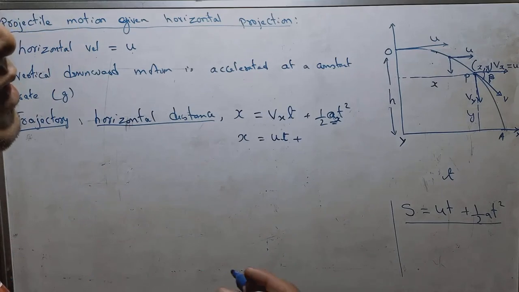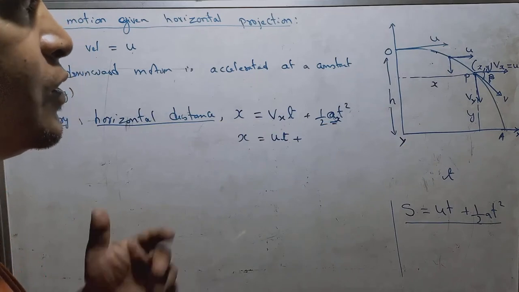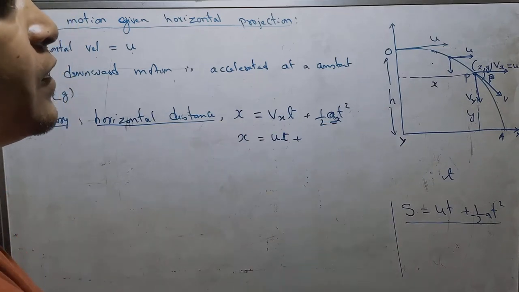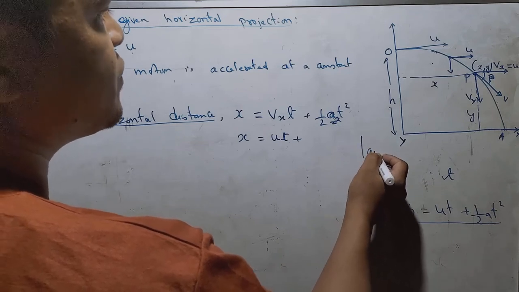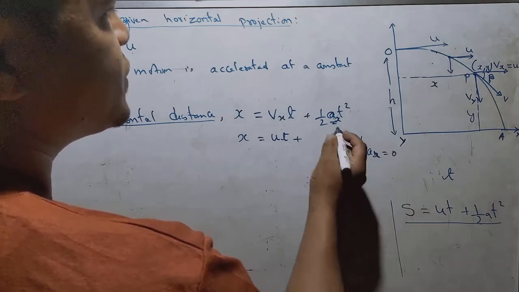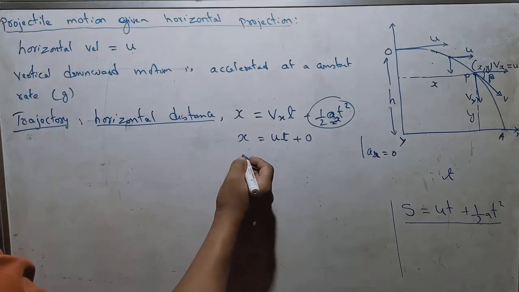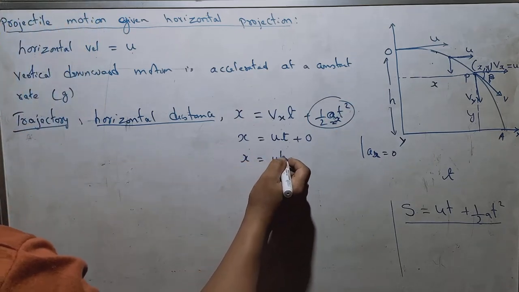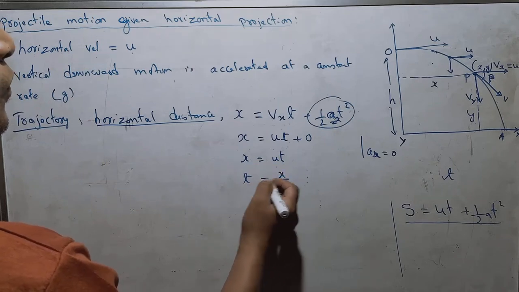No. The body is always accelerated downward, not horizontally. So therefore, along horizontal direction, there is no acceleration. So that means Ax is equal to 0. So when Ax is 0, then this whole thing will be 0. So we can say x is equal to just ut, or t is equal to x upon u.